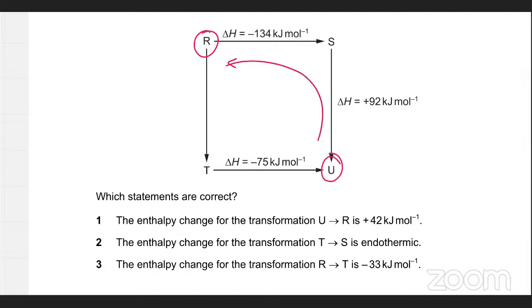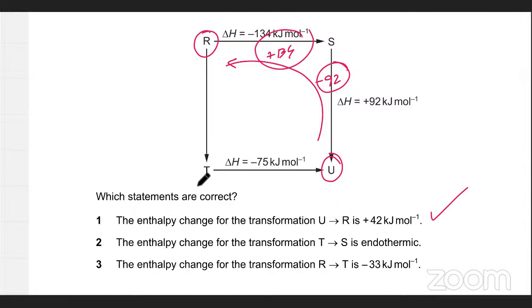So it's going to be minus 92 because I'm going in the opposite direction of the arrow. And it's going to be plus 134. So that would give me plus 42. So that is correct.